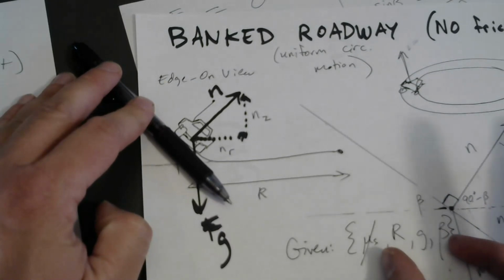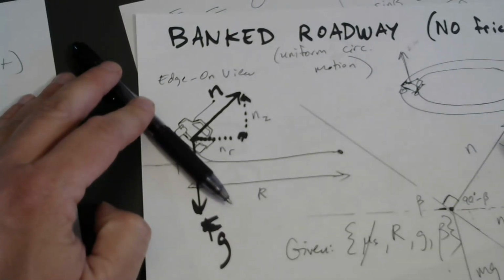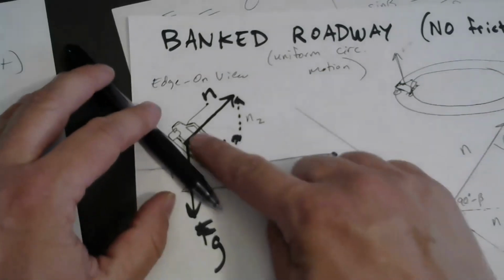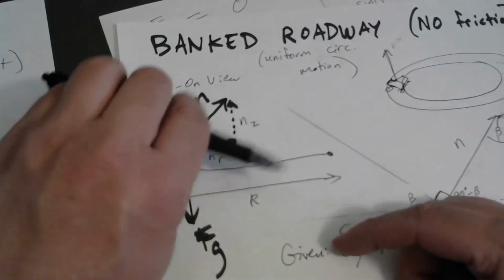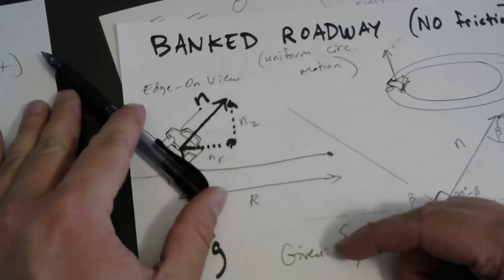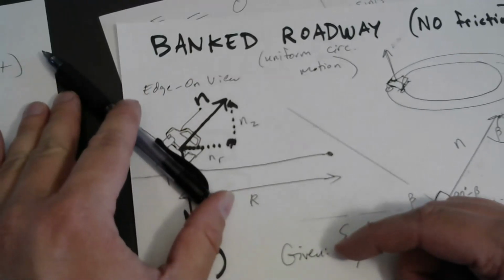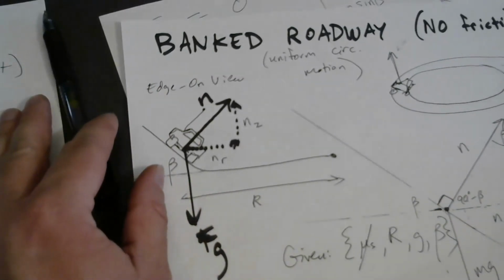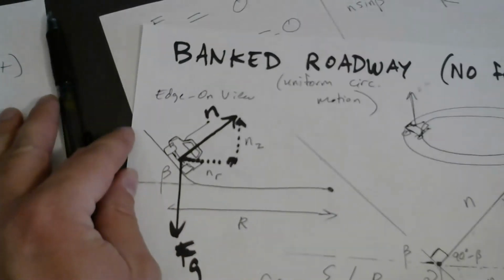If you then slowed down, I mean, if you're stuck in traffic on a freeway interchange, I'm sure that's happened to you. It's not like your car just slides down the embankment. Friction kicks in and points up the embankment, again, to keep your car in check. So there's a range of speeds at which you can drive if friction is part of the picture.